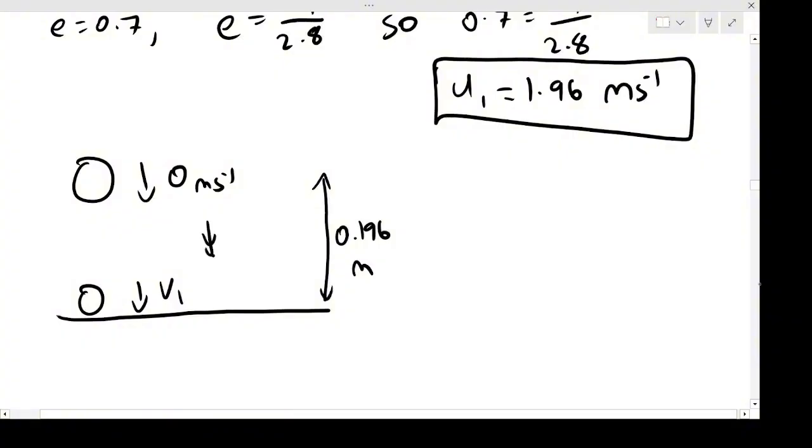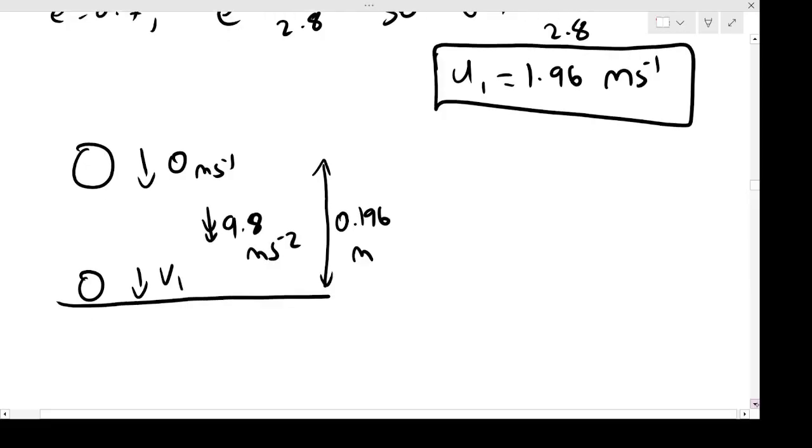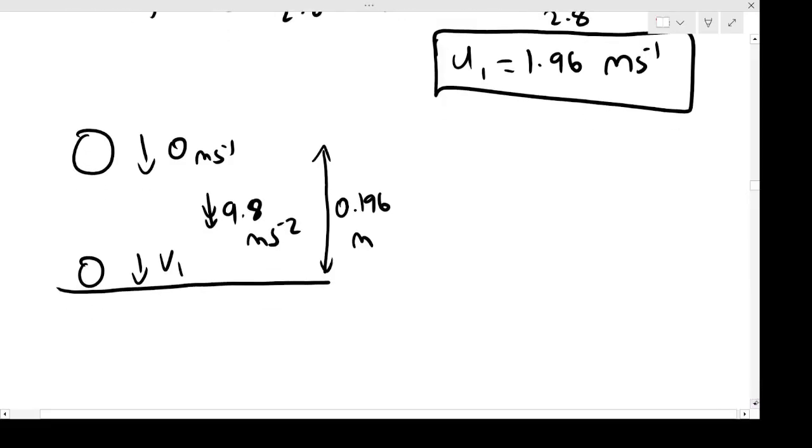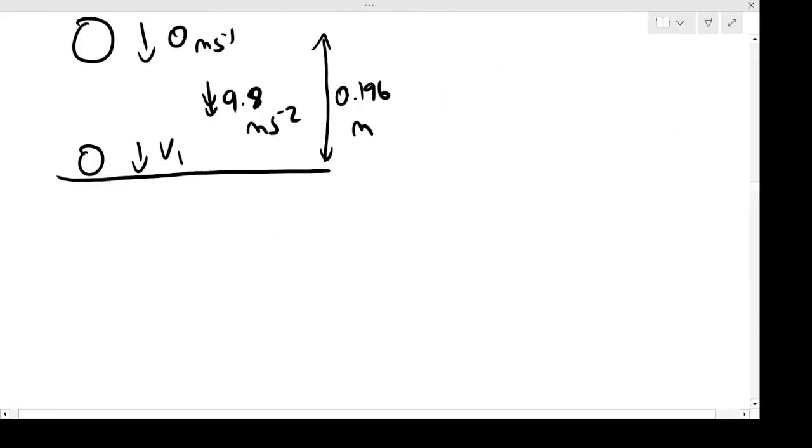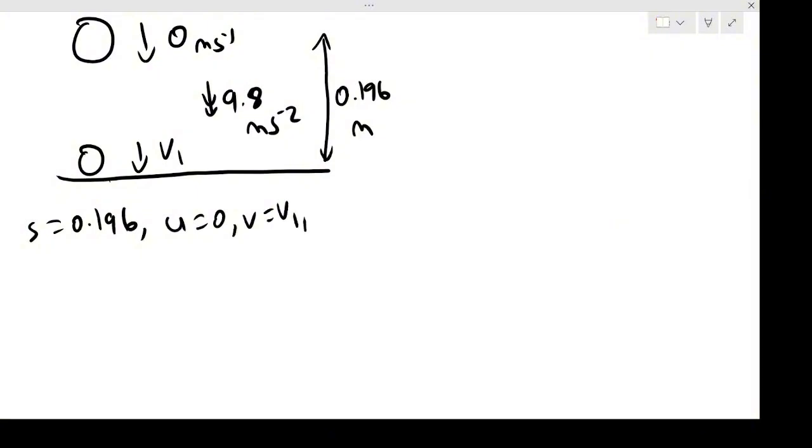Again, the acceleration is 9.8. So now it's pretty much the same scenario. We're just doing the same stuff again. So now S is going to be 0.196, U is going to be 0, V is going to be V1, A is going to be 9.8. Therefore, V squared is U squared plus 2AS.